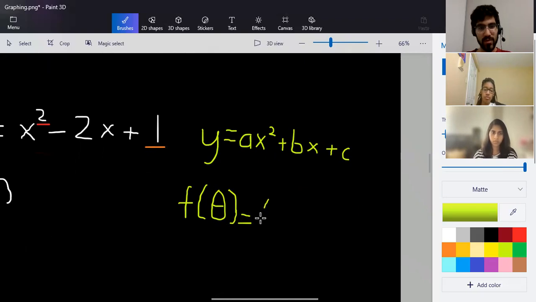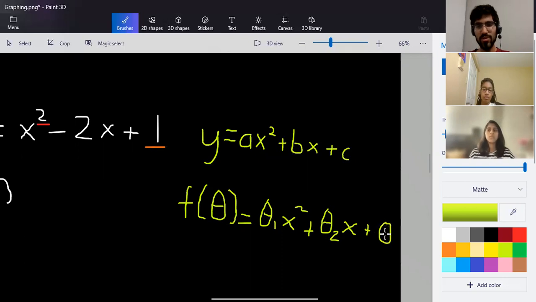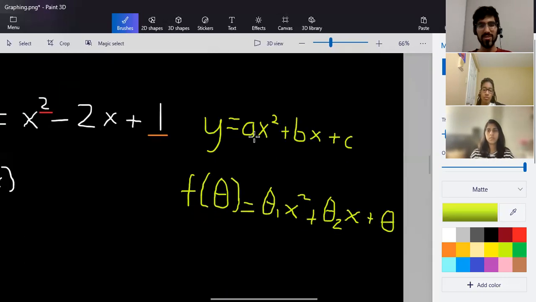We can say theta 1 x squared plus theta 2 x plus theta 3. You get the idea. It doesn't matter what we call the variables. Just be aware of that, because later on, in computer science textbooks, they always look so weird and bizarre. Really, it's just the same thing. They just change the variables.